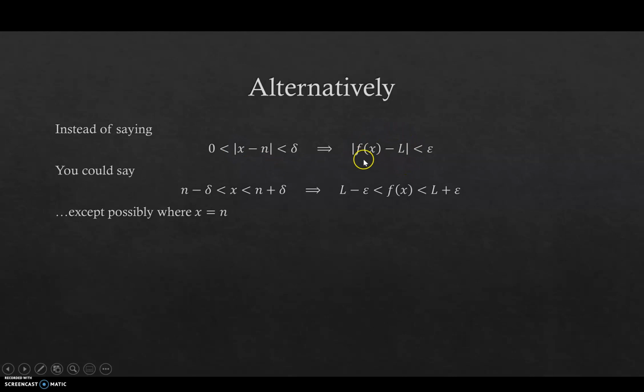Similarly, we could write f of x minus L is less than epsilon as L minus epsilon is less than f of x is less than L plus epsilon. Again, the first way is much more commonly written, but it is also true to say the second statement as well. Again, this is except where x equals n. It may not happen there. Remember, we don't have to be defined. We might have a hole or an asymptote or something at x equals n.